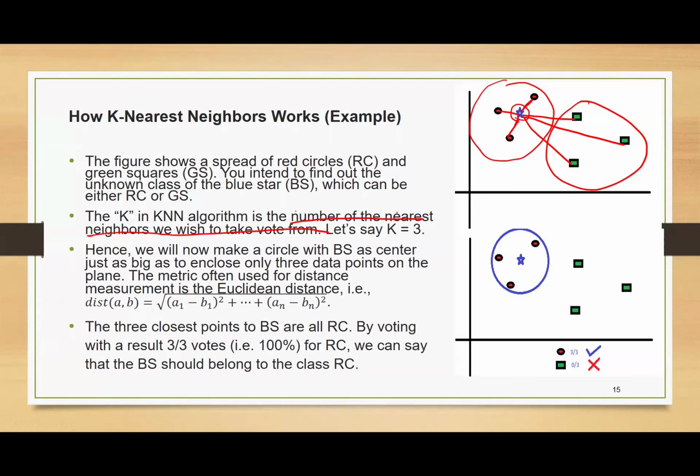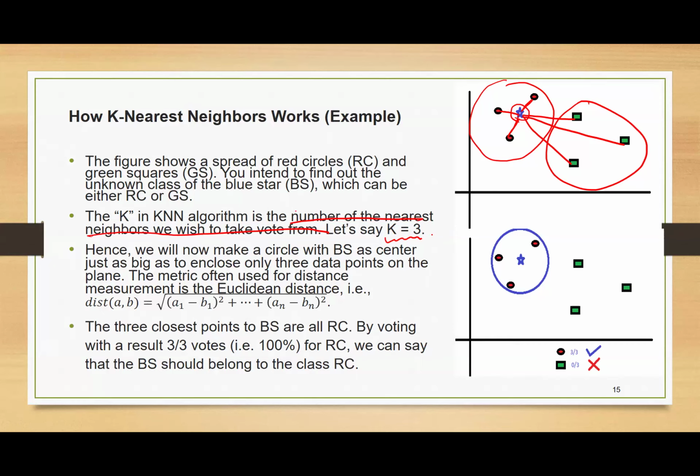KNN is K nearest neighbors, right? If we set K as 3, it means 3 nearest neighbors. So we find the 3 nearest neighbors here. They are all the red dots, so the star belongs to the red circles.